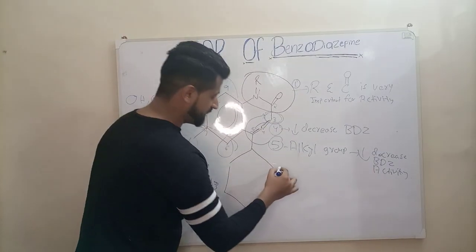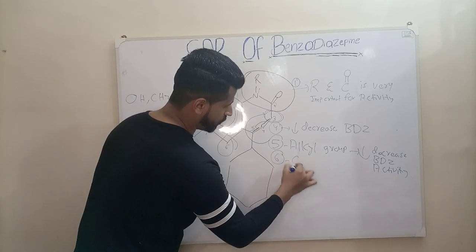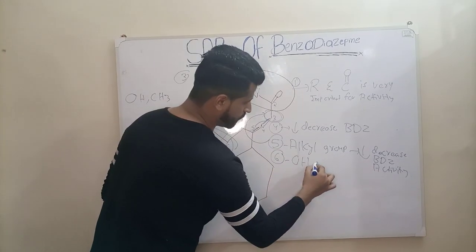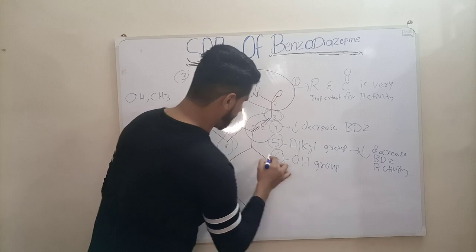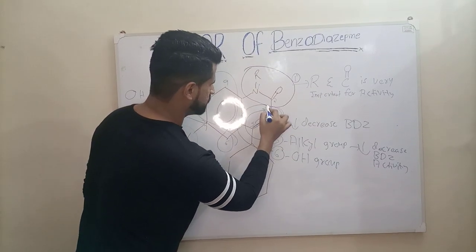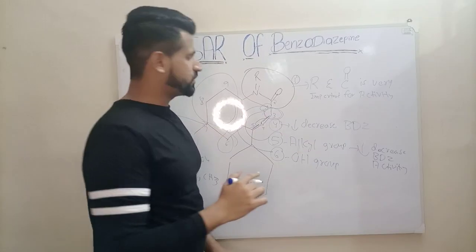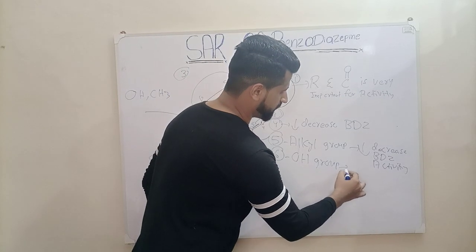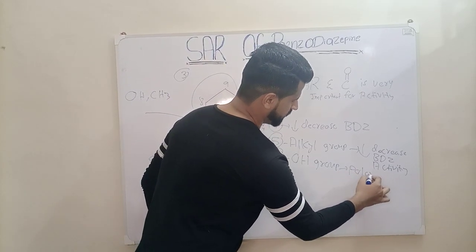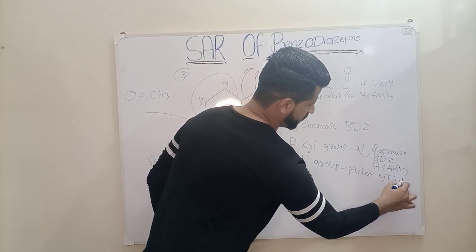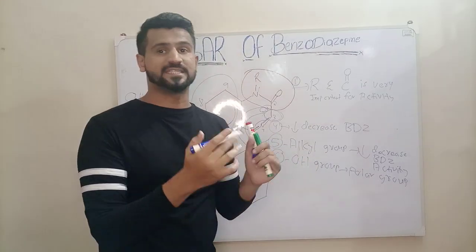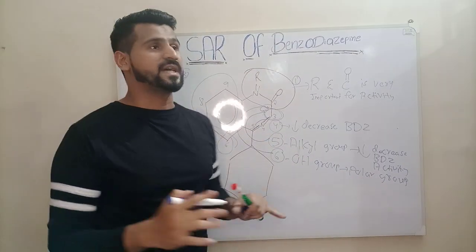The sixth point is that when an OH group attaches at the 3rd position, the OH group is polar, so the benzodiazepine becomes polar.